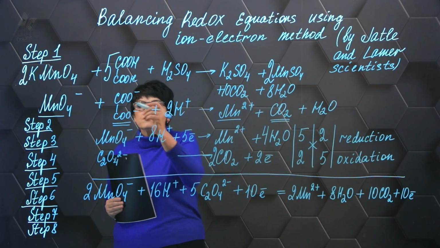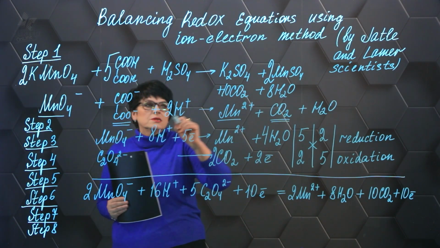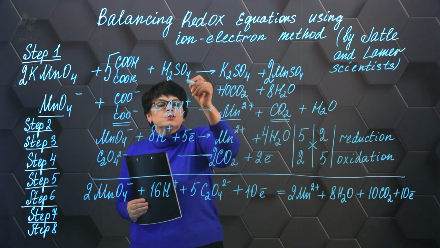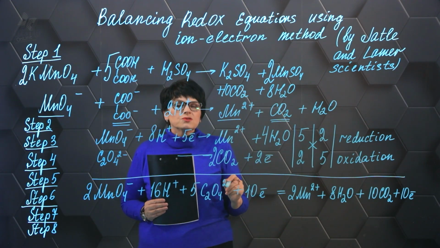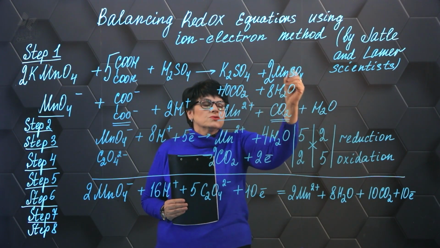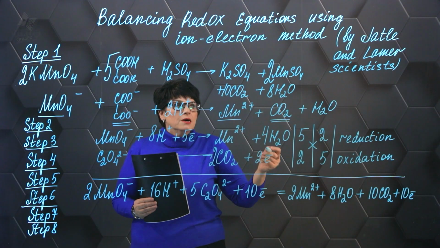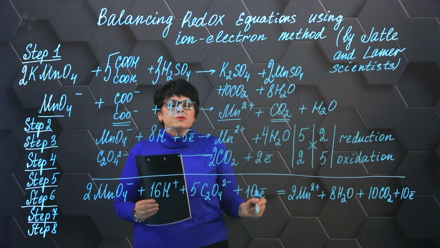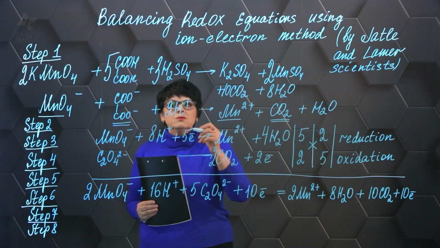Now let's do an internal equation. Potassium on the left side is 2, and on the right side is also 2. Now sulfate on the left side, the acid residue is 1, and on the right side it comes to a total of 3. In front of the sulfuric acid formula, we put the coefficient 3.